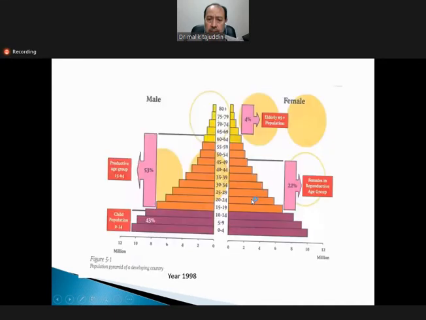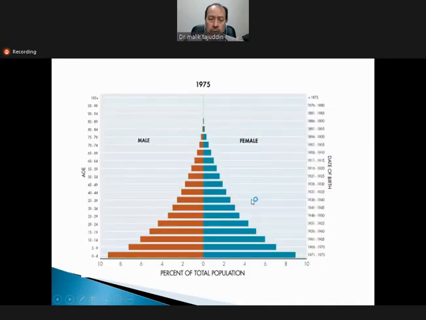Now see the characteristics of this population pyramid. You will see that it is very broad at the bottom, meaning there is a large population in the lower age groups, under 5, under 10, under 15. And as people get elderly, their population decreases on both sides.